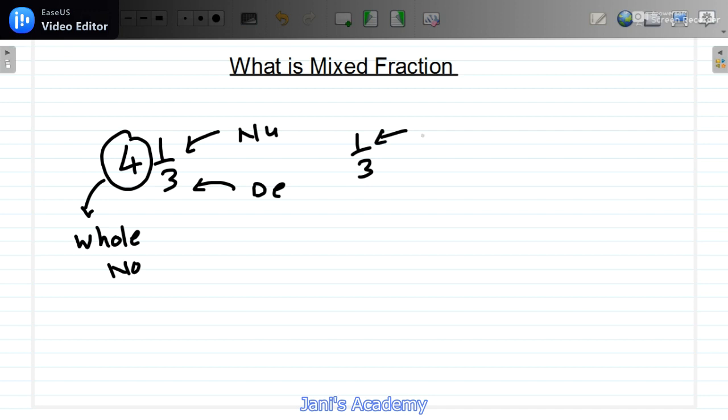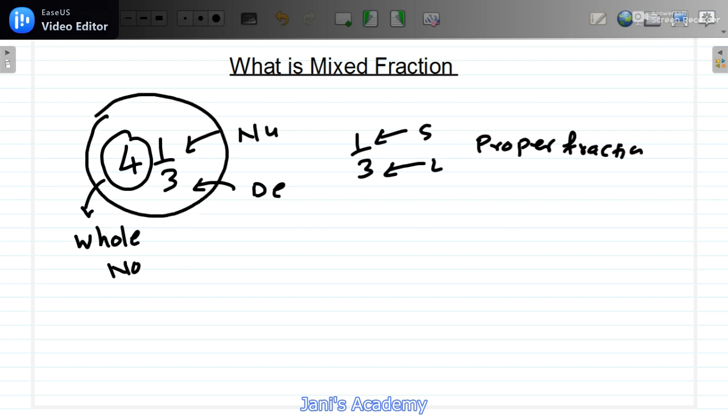This is the small number and this is the large number, so it is a proper fraction. Then 4 is a whole number, so this whole number with a proper fraction is called a mixed fraction.